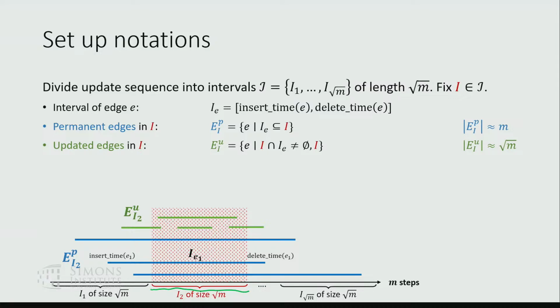The way you should think about this: the set of permanent edges could be as big as m, linear in the worst case. But what's the size of the updated set? It's at most root m, because the length of I itself is root m, so it can have only root m many updated edges.